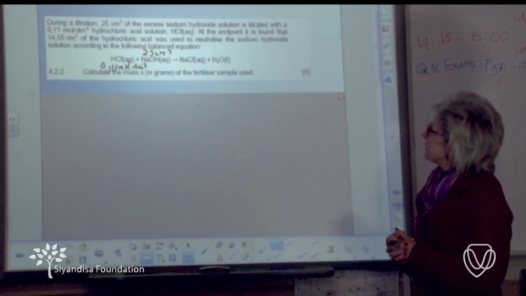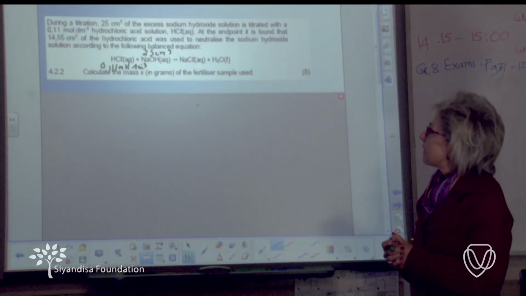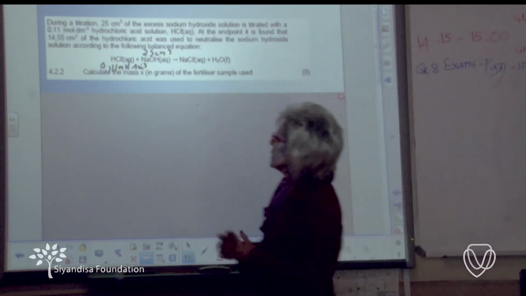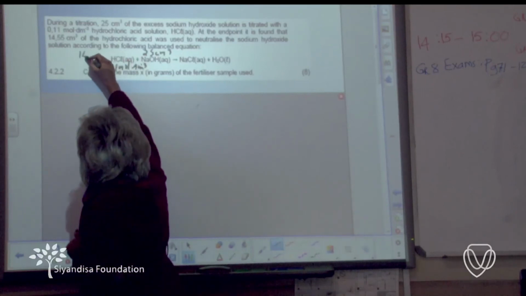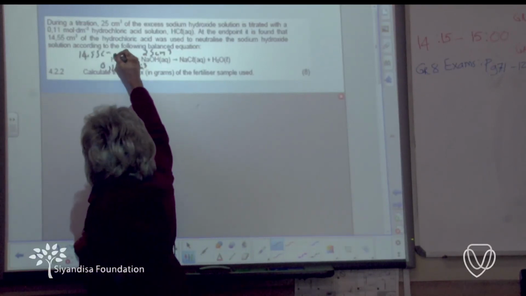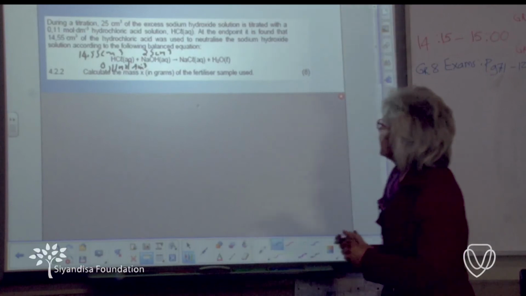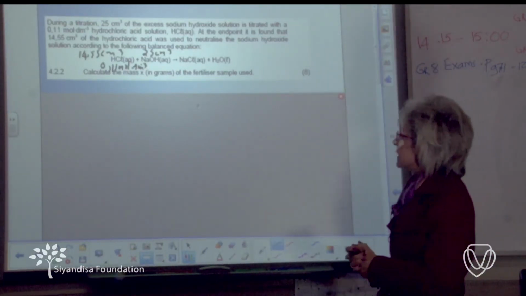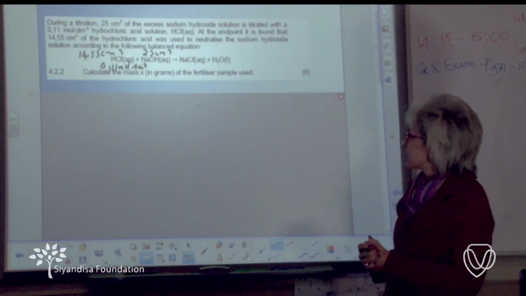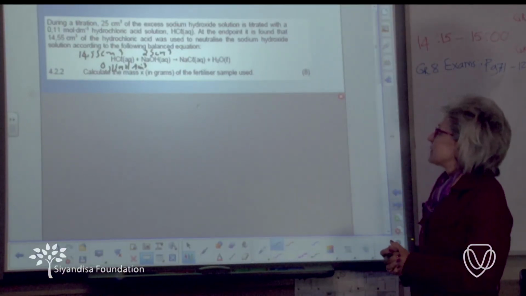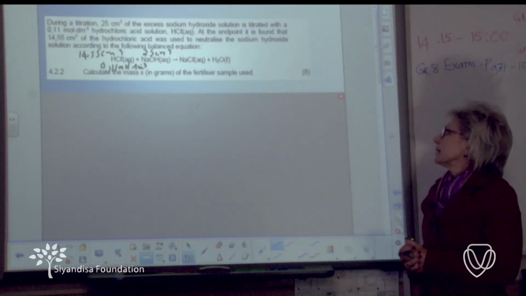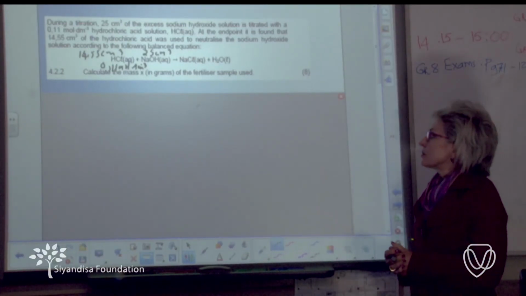At the end point, it is found that 14.55 cubic centimeter of hydrochloric acid was used. So of this one, we've used 14.55 cubic centimeter to neutralize the sodium hydroxide solution according to the following balanced equation. Once more, the balanced equation was given. And the question is, we have to calculate the mass of the fertilizer sample used.